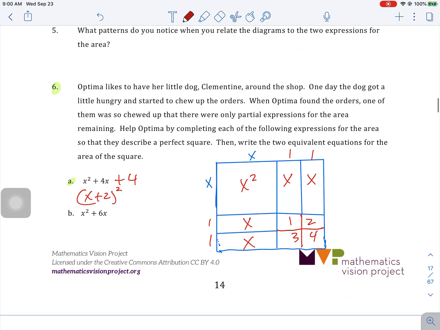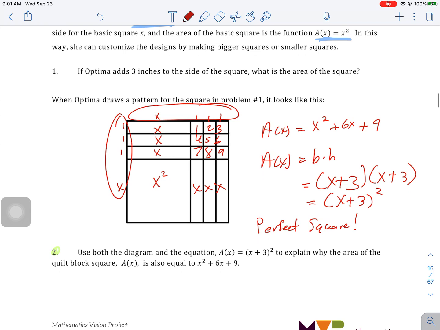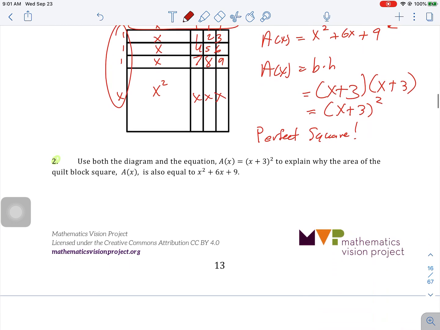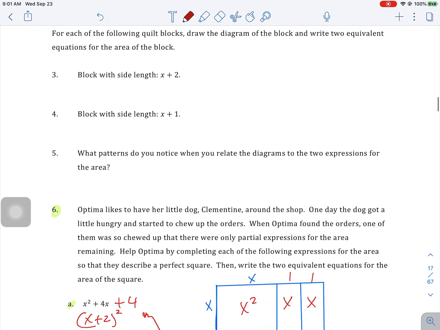Okay, so for example here, my middle term is 4. So 4 divided by 2 is 2, and 2 squared is equal to 4. And that was my c term there. This other one, if you take the middle term 6 and you divide it by 2, you get 3, and 3 squared is equal to 9. That gives you the third term, and it's because when you expand it, you're multiplying 3 times 3.